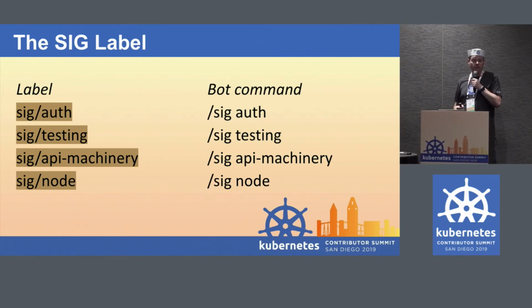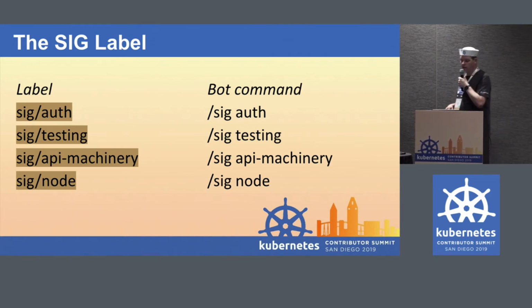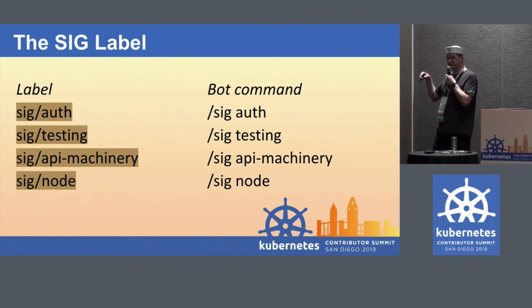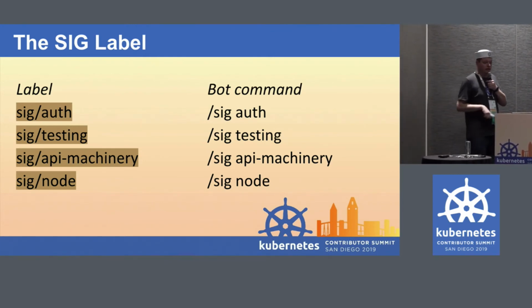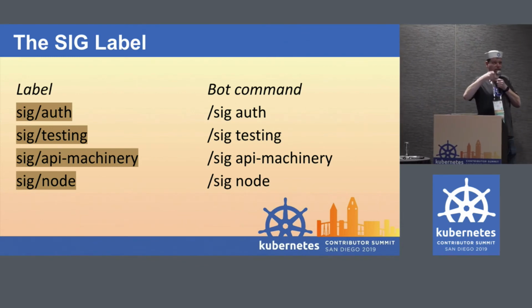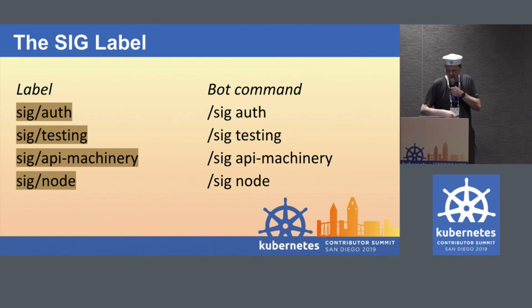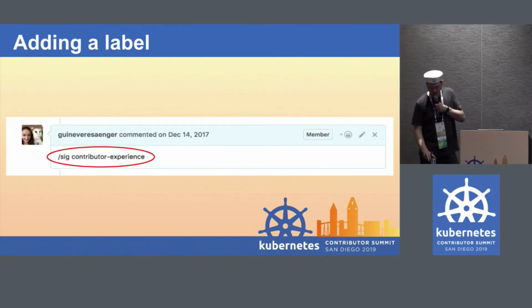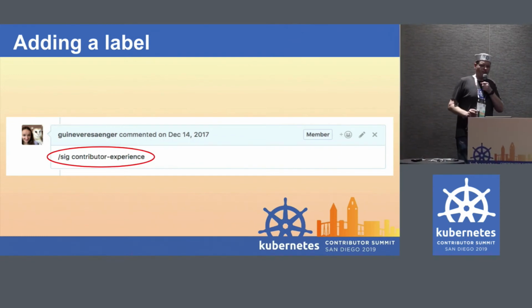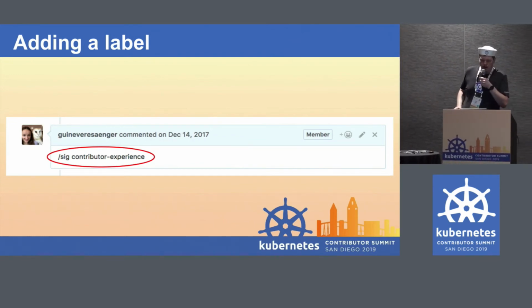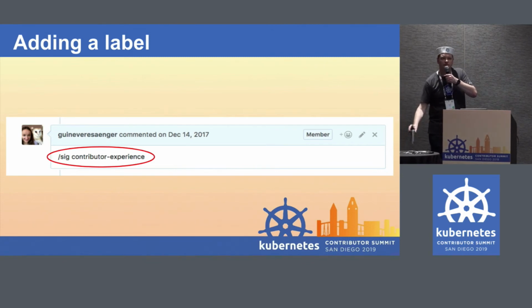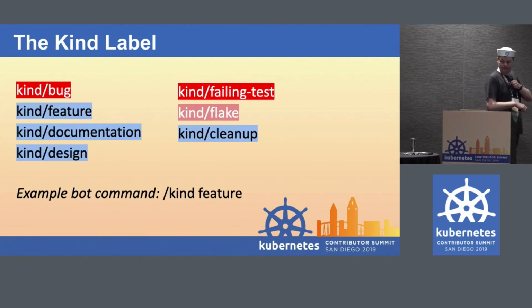Here's a label on the left. On the left-hand side, you see labels as they are applied, and on the right-hand side, you see the command to apply them. So if you want to apply sig auth, you do /sig auth. Sig node, /sig node. As you can see here, Gwen did a /sig contributor-experience, last year sometime or two years ago sometime, and that's just how she applied the label.